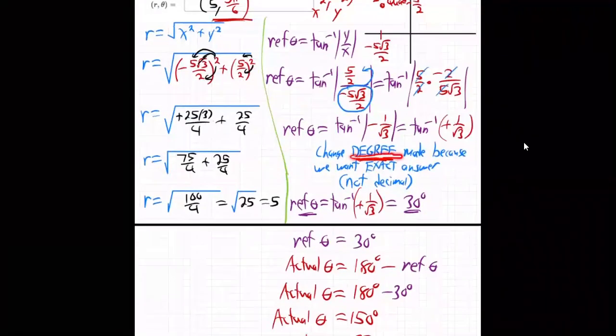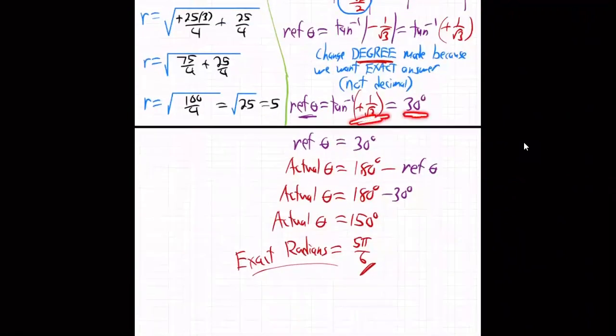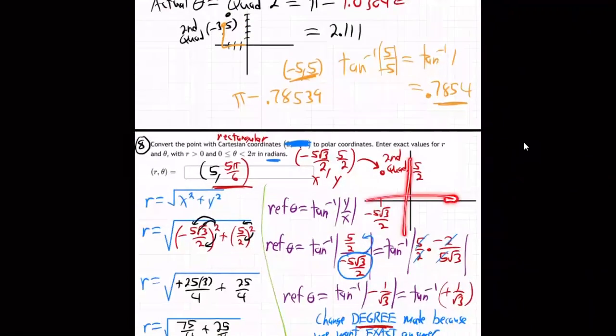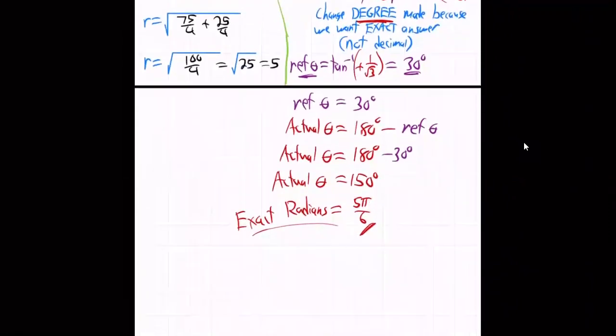Then change to degree mode, because you want an exact answer, not a decimal. So inverse tangent of positive 1 over root 3 in degree mode is 30 degrees. That's the reference angle. To find the actual, you got to go to the quadrant. We graphed it up here and found that our original point, back 5 root 3 over 2, up 5 halves, is in the second quadrant. Second quadrant, those little formulas there.